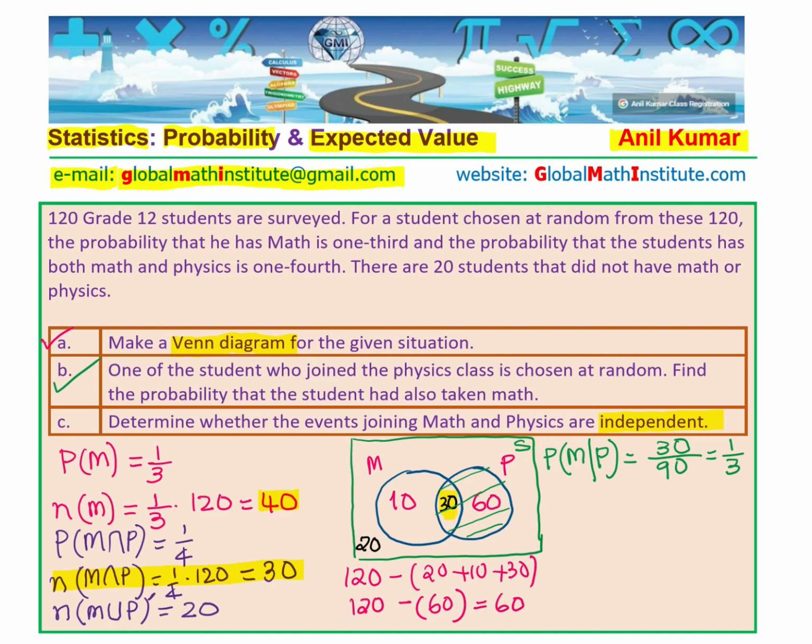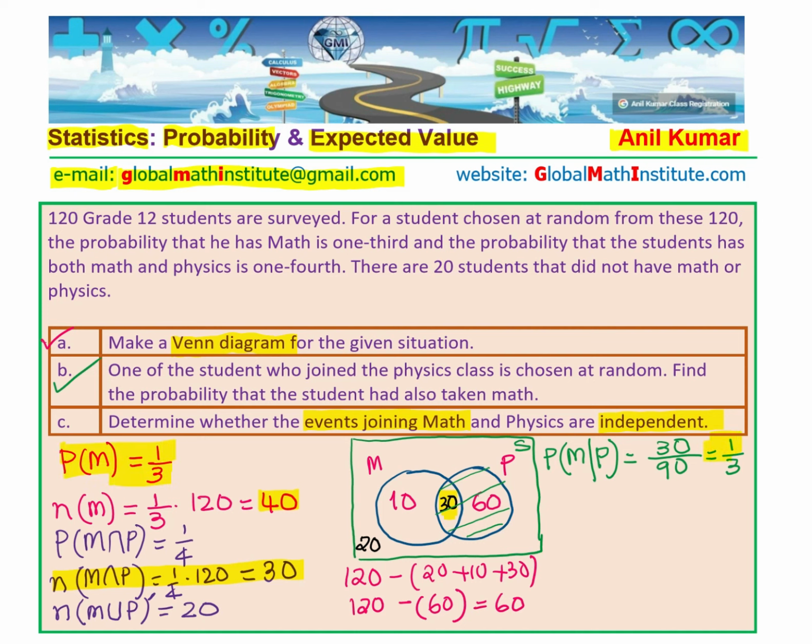Now, part C is: determine whether the events joining math and physics are independent. So, there are a couple of ways to find this answer. So, what is the probability of getting math? Figure this out. Probability of math is given to us as one third, right?